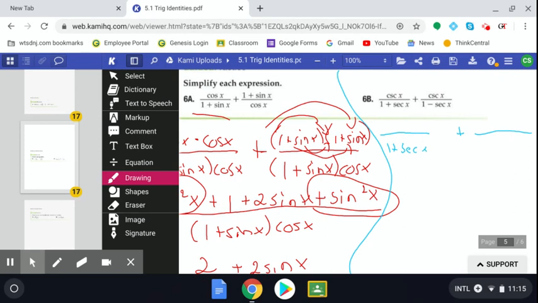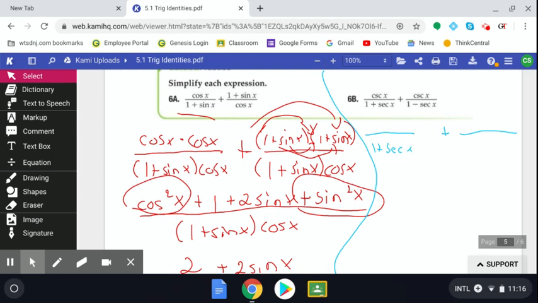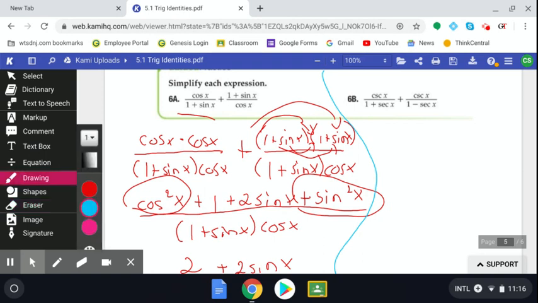I need more room here. Let me just erase and try to get it closer together. Okay. So 1 plus secant x, 1 minus secant x.